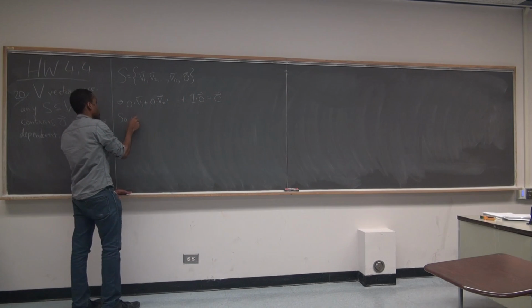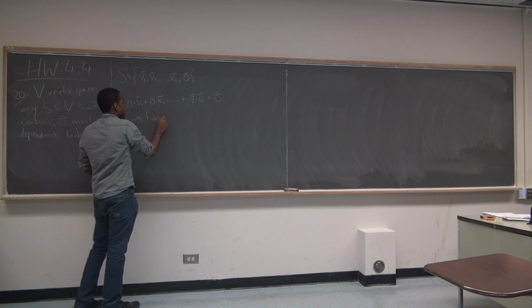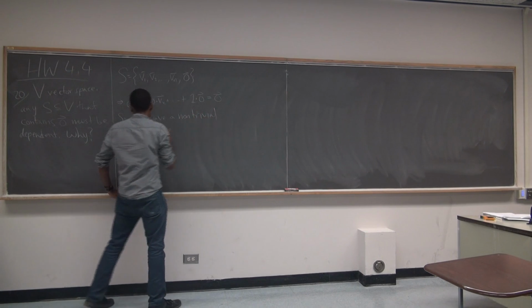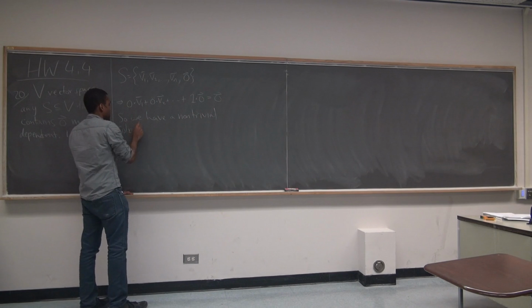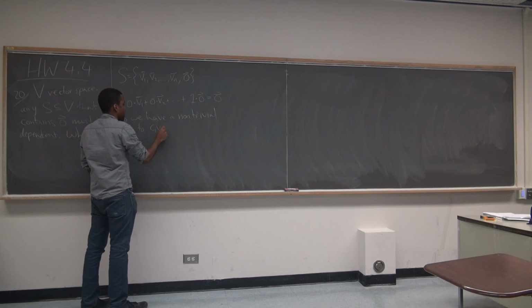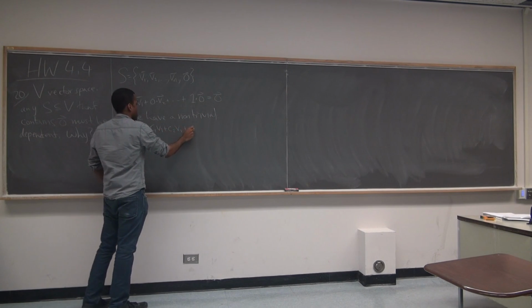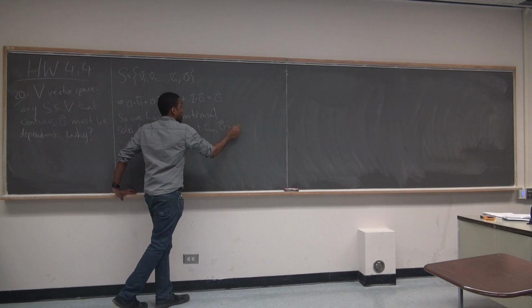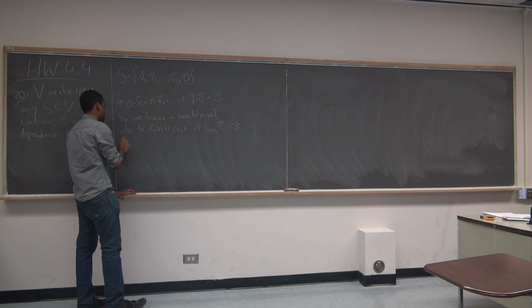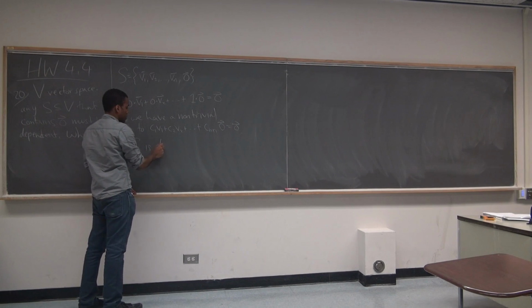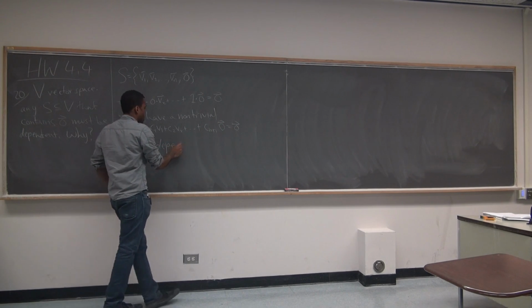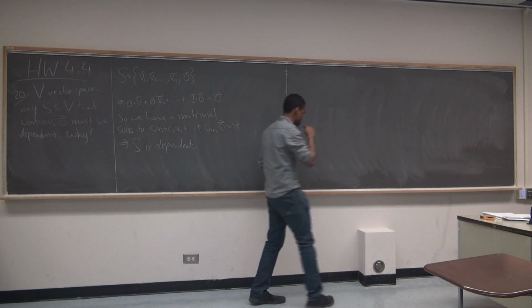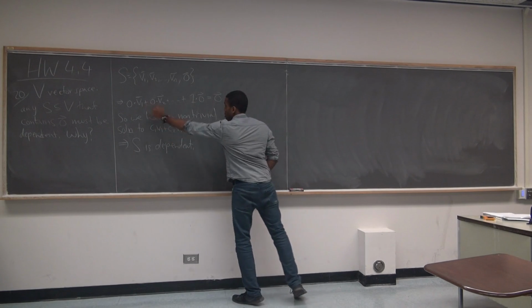So we have a non-trivial solution. Right, so 0 we can write as a linear combination of everyone else where their coefficients are just zeros.